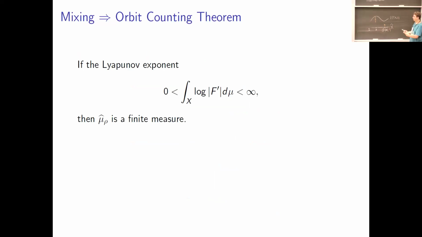Finally, I want to mention the following simple observation: if the Lyapunov exponent of F is a finite number, then this magical measure happens to be a finite measure. This allows us to do ergodic theory. I don't believe in infinite ergodic theory. And here are the two theorems.